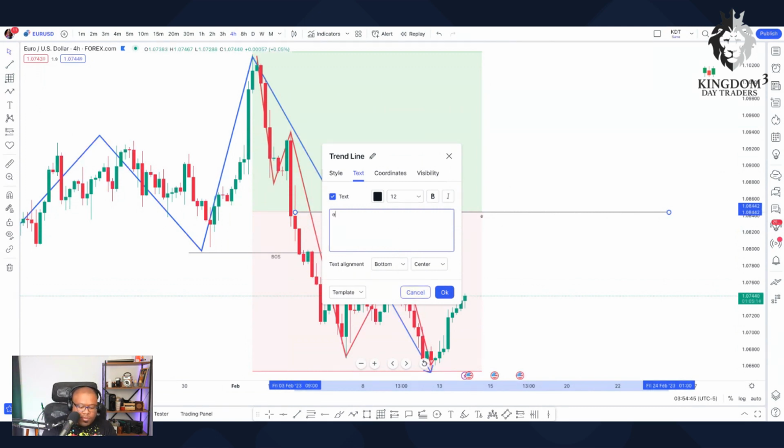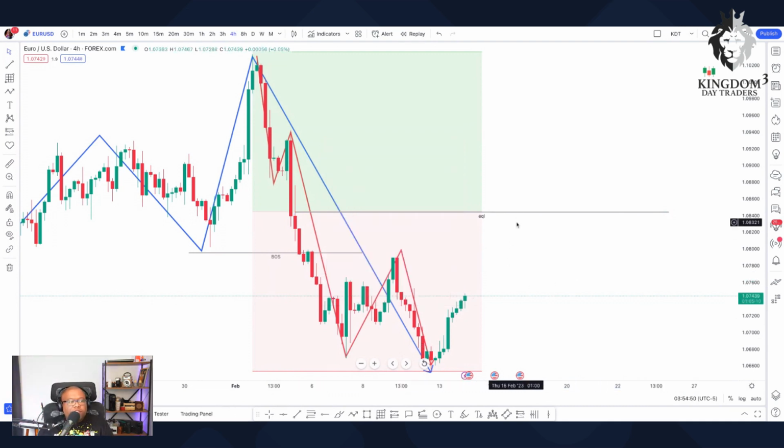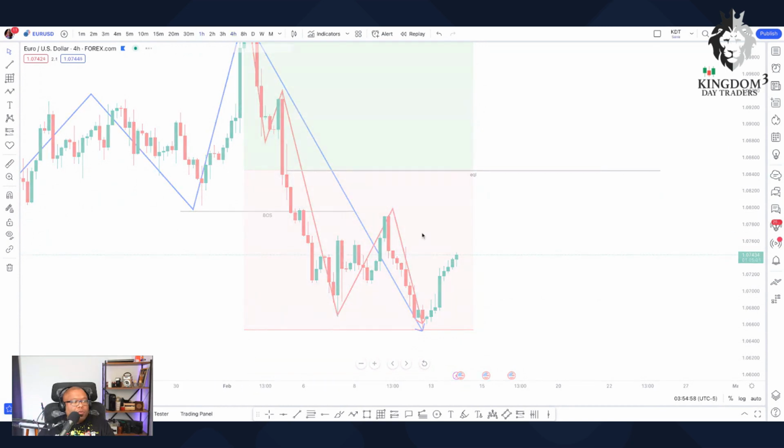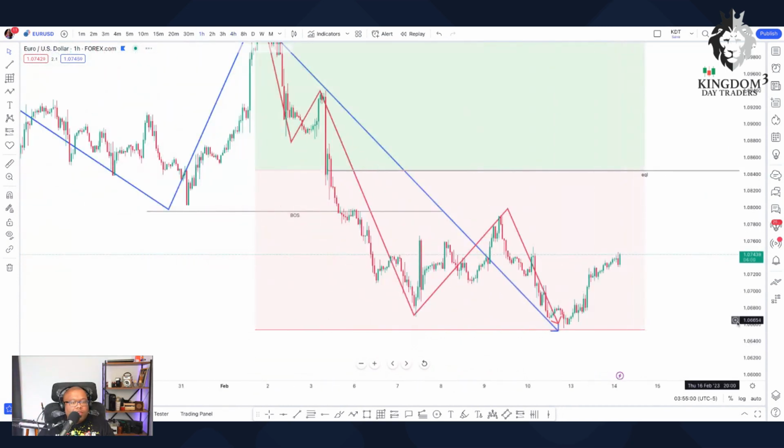Let's call it equilibrium for now. And so if price is ultimately trying to get back there, and we anticipate that it might, it doesn't have to, but we anticipate that it might, what we're going to be looking for is lower time frame breaks to the upside.